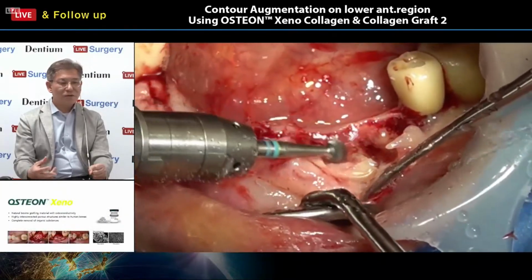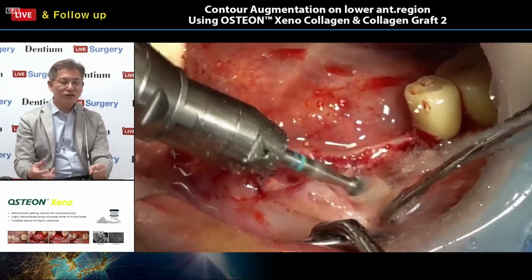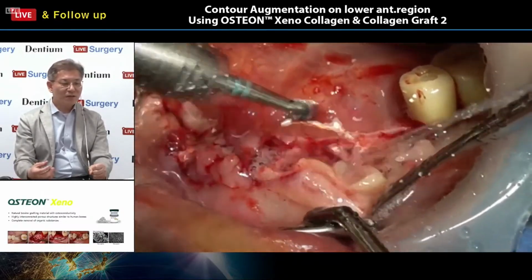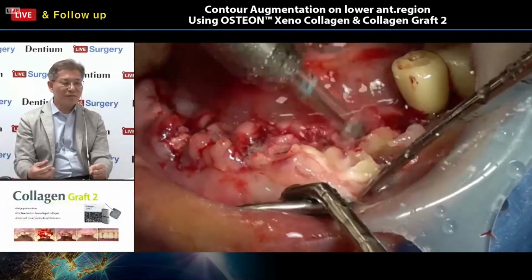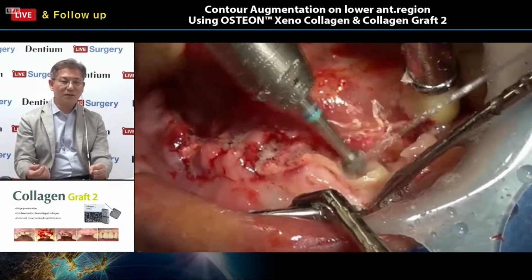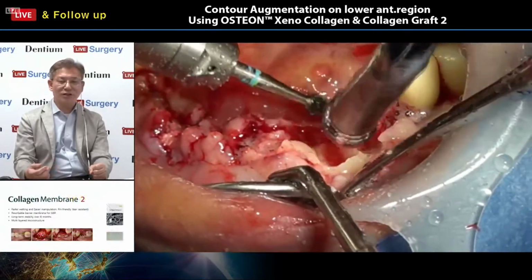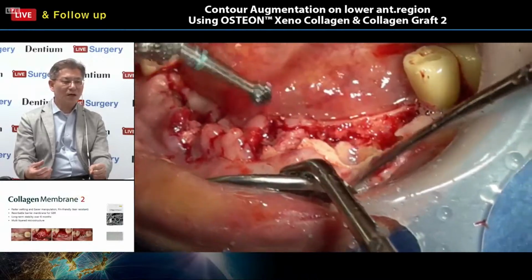This round bar is very effective at removing the granulation tissues. Sometimes granulation tissue removal is very difficult using only a hand instrument, right? So sometimes we can use a rotary instrument like this round bar.